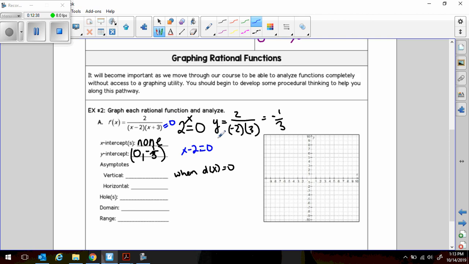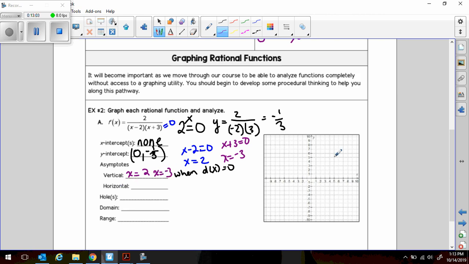We're going to move that 2 over, so x equals 2. It also happens when x plus 3 equals 0. So we move that 3 over and x equals negative 3. So my vertical asymptotes are these equations: x equals 2 and x equals negative 3.